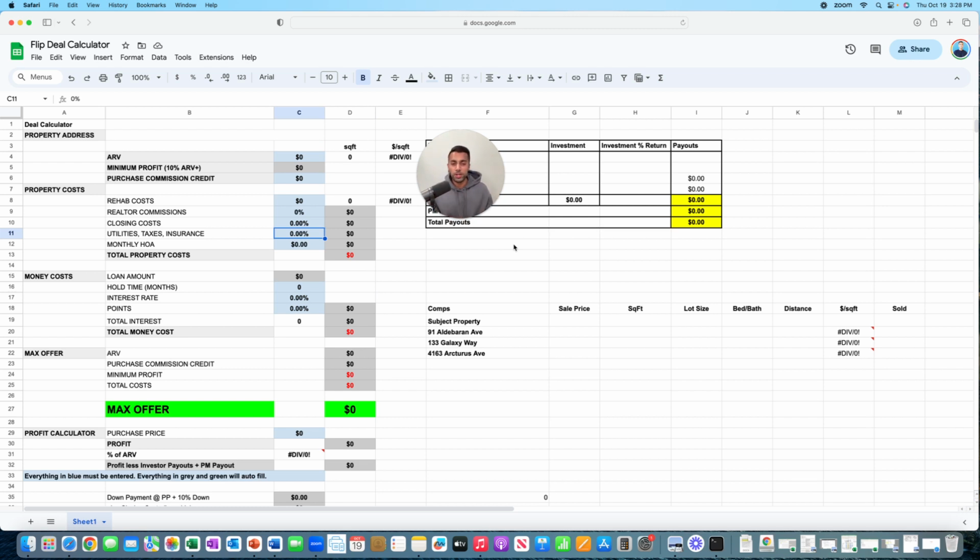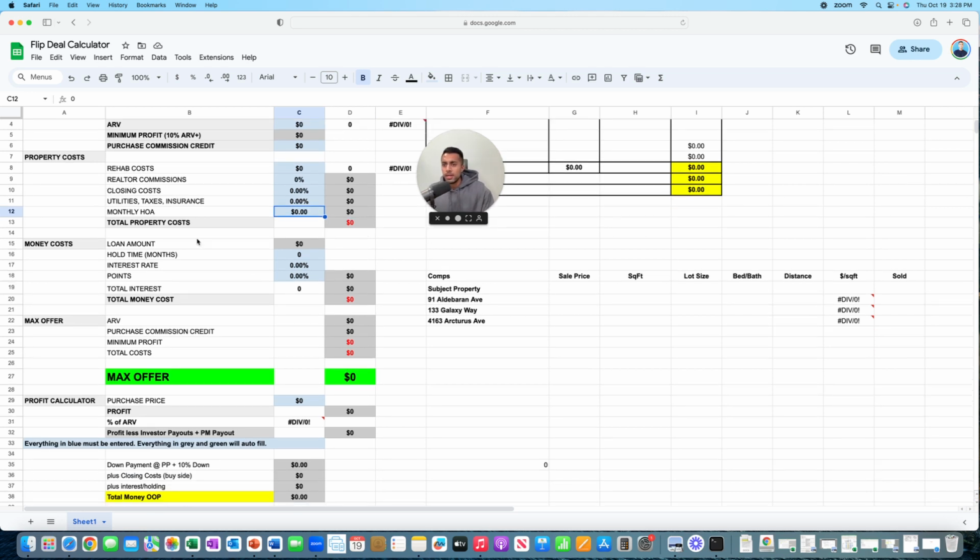This is up to your discretion, but generally we put a 1% placeholder. Monthly HOA: a lot of properties are in an HOA, which is a homeowners association. Again, this is subject to the property. When we're comping out the property, we'll see if there's an HOA involved, and we can use that in the example.